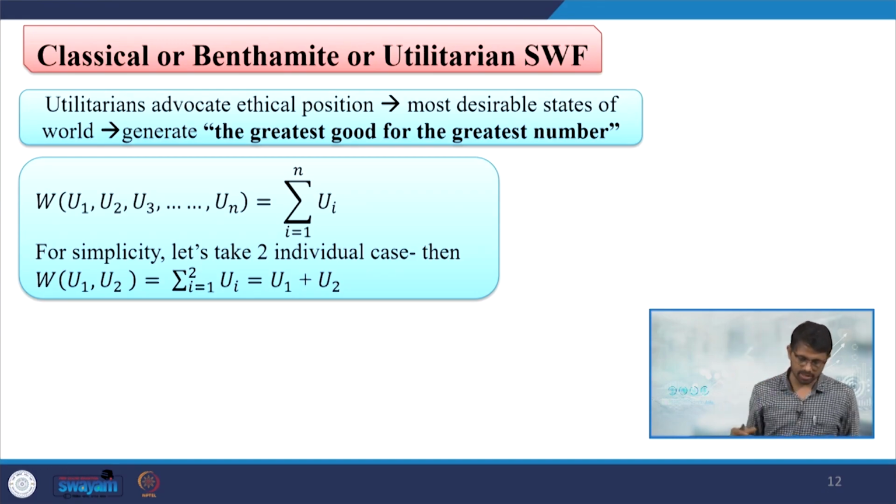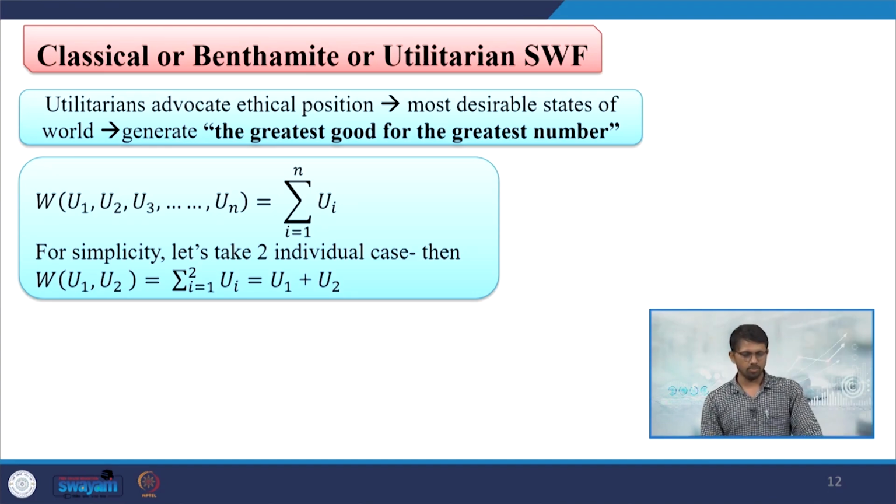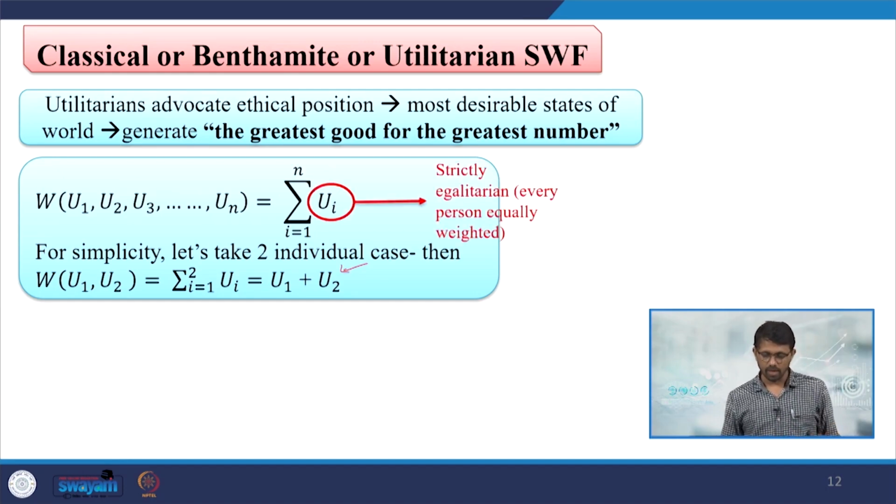Hence, the equation is simplified as the summation, and in the two individual case we can write U1 plus U2, thus the W, and it is strictly egalitarian because every person is equally weighted.